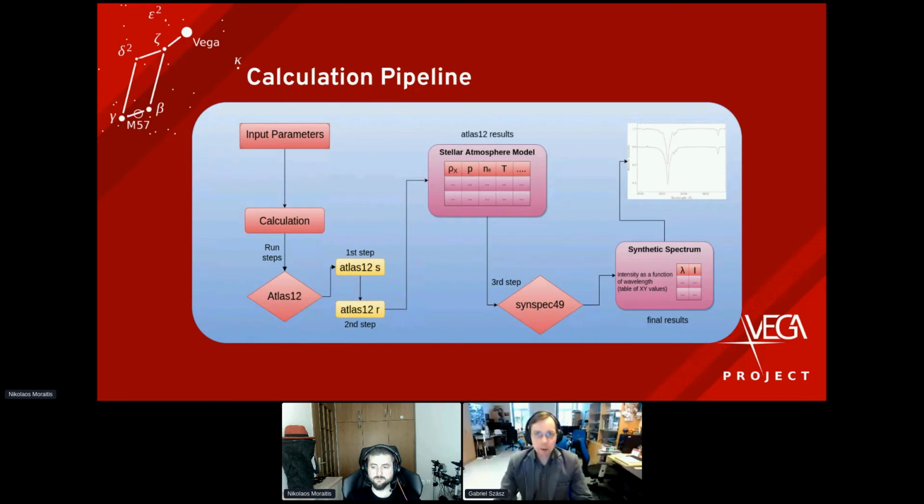So what can be a possible outcome? We can calculate a synthetic spectrum for a star that we already know is possibly a fast rotator, but we have no idea about the actual inclination of the rotational axis. So we can use the model to calculate the inclination just by comparison of the synthetic spectrum and the actually measured spectrum.